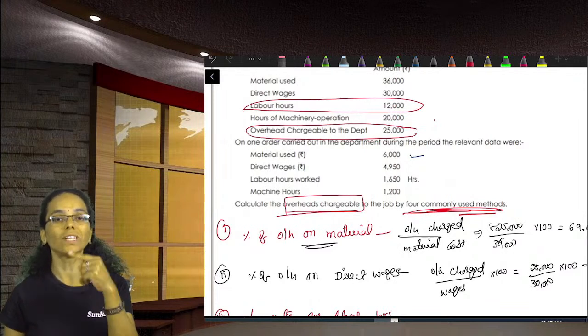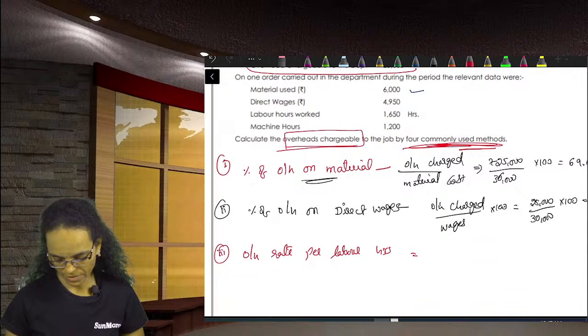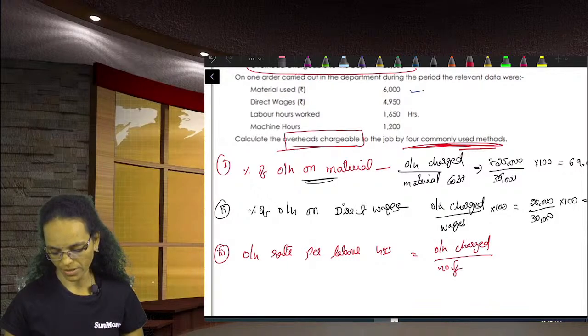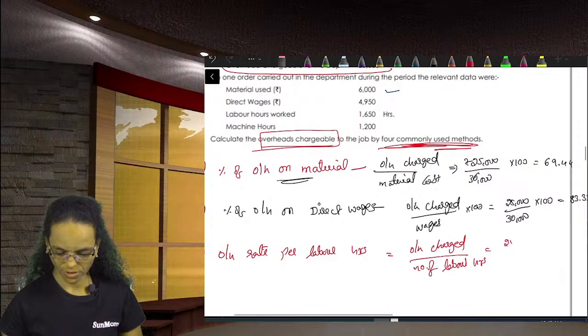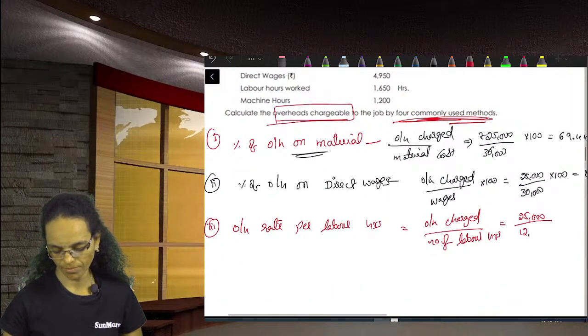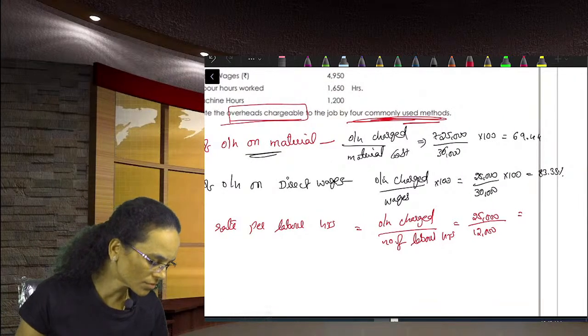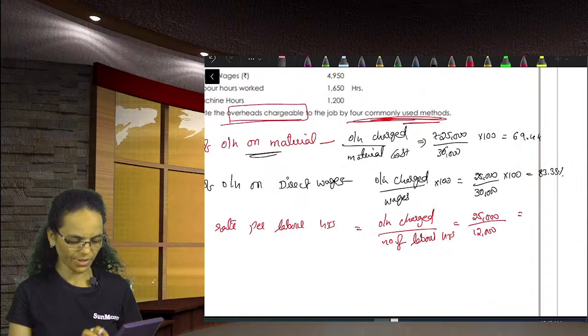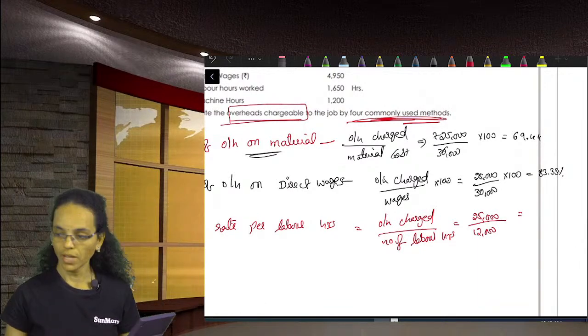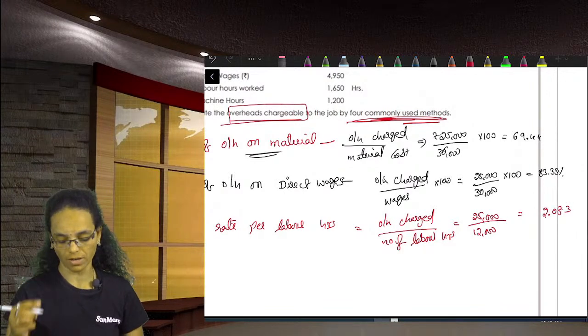Means per labor hour what is the overhead charge. So overhead charged 25,000 divided by the number of labor hours, 12,000 hours they worked, is 25,000 divided by 12,000, which is 2.83. This is not a percentage, this is per labor hour.